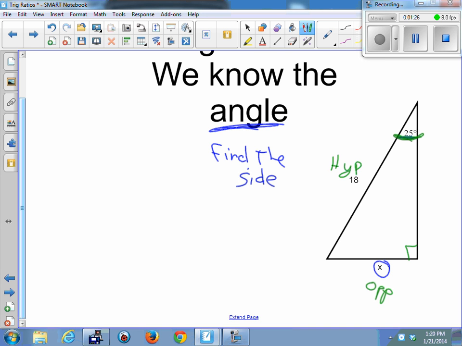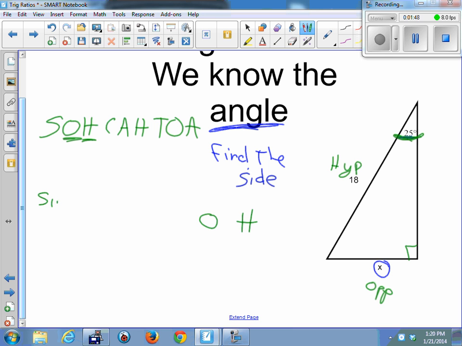So this is where you need to decide. We're using that SOHCAHTOA, and we have opposite and hypotenuse. So we need to decide which of the 3 trig functions we are going to use. Opposite, hypotenuse. So we're going to use sine.